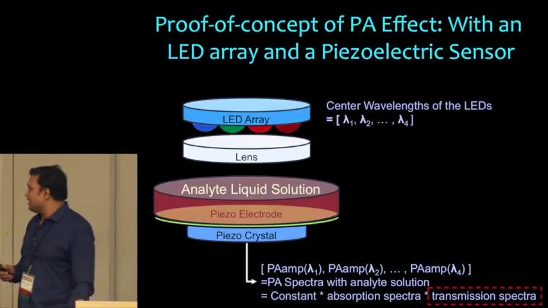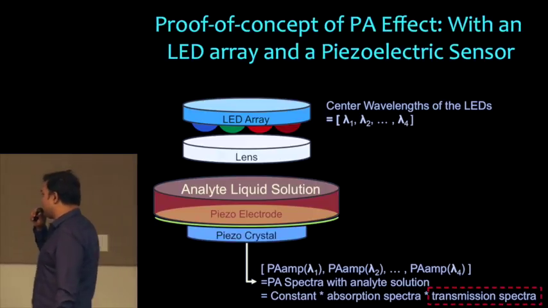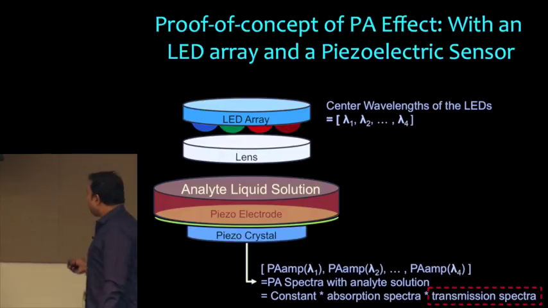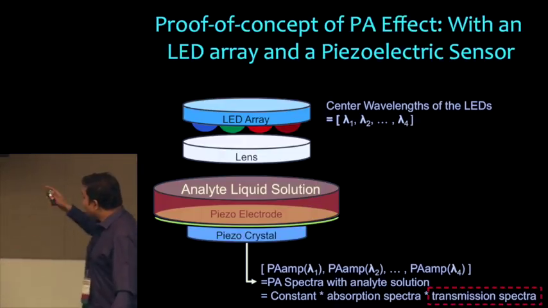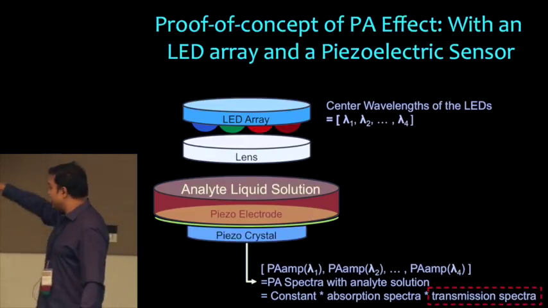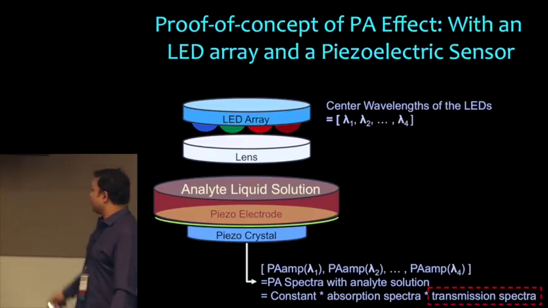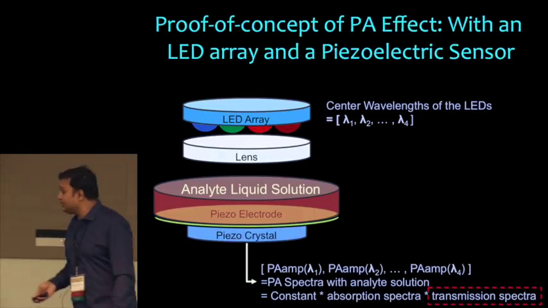Now let's do one thing. Let's place the analyte liquid solution in the middle, between the light and the piezoelectric sensor. Now, if we extract the photoacoustic spectra with the analyte solution, it not only depends on the absorption spectra of the piezoelectric material, but also on the transmission spectra of the liquid.